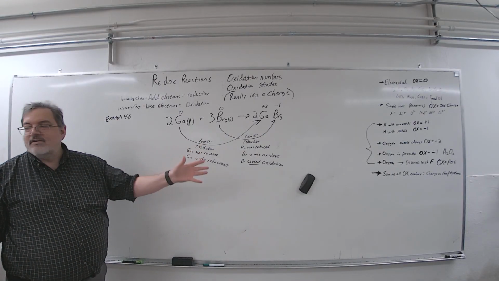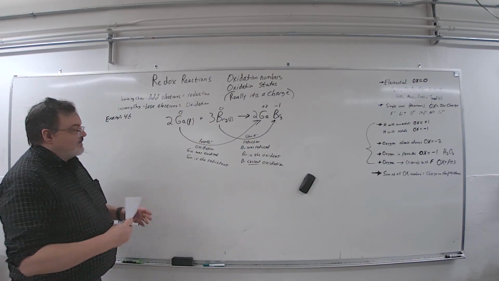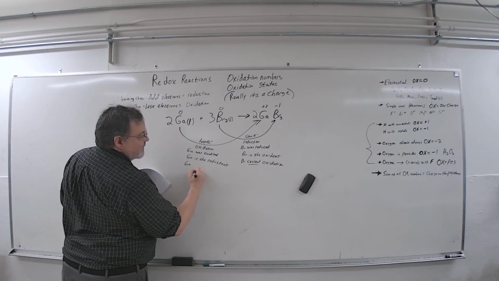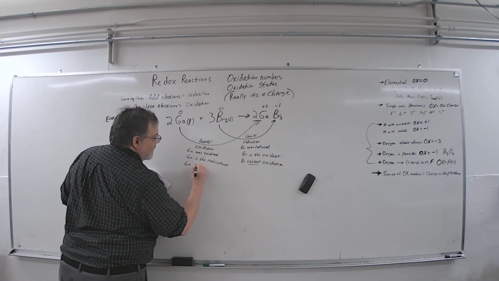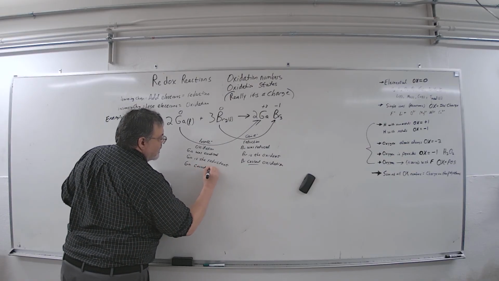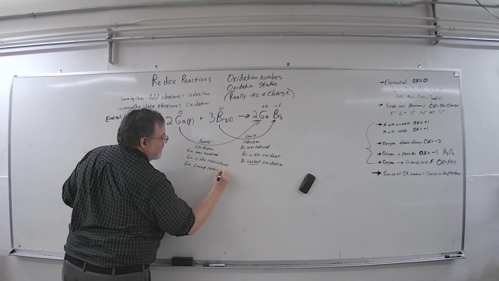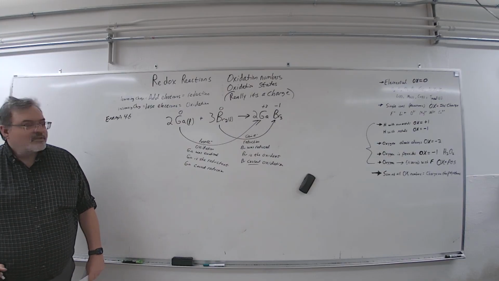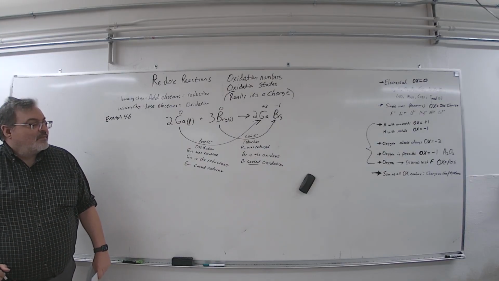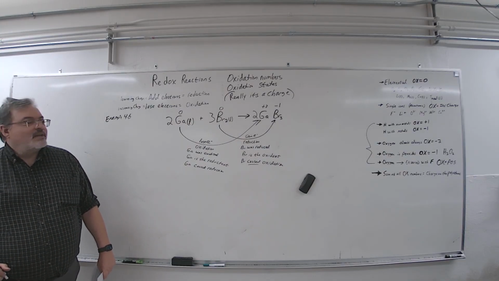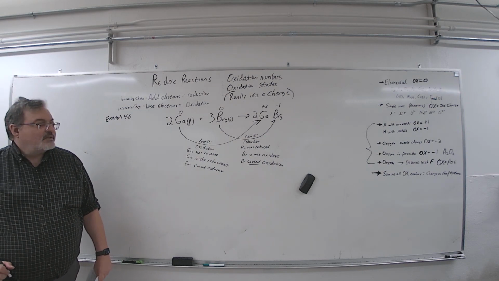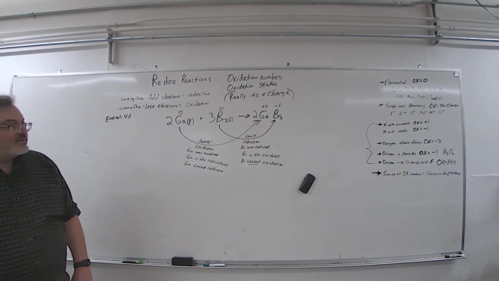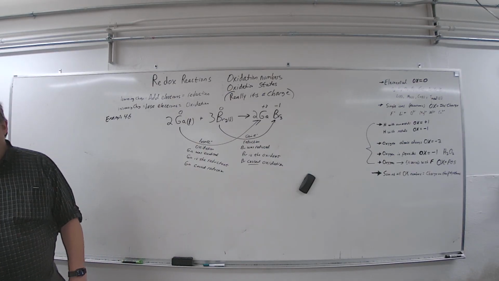All those phrasings are used for these types of reactions. So that's just chemists wanting to make things more complicated. Gallium caused reduction to occur. So you might be asked the question, which one is oxidized and which one is reduced? And the next question might say, here's another redox reaction. Which one is the oxidant and which one is the reductant?